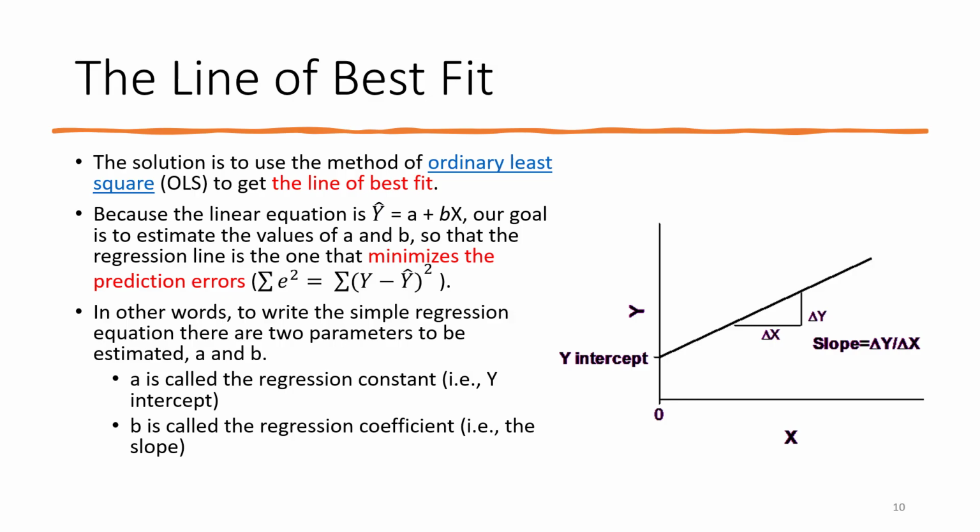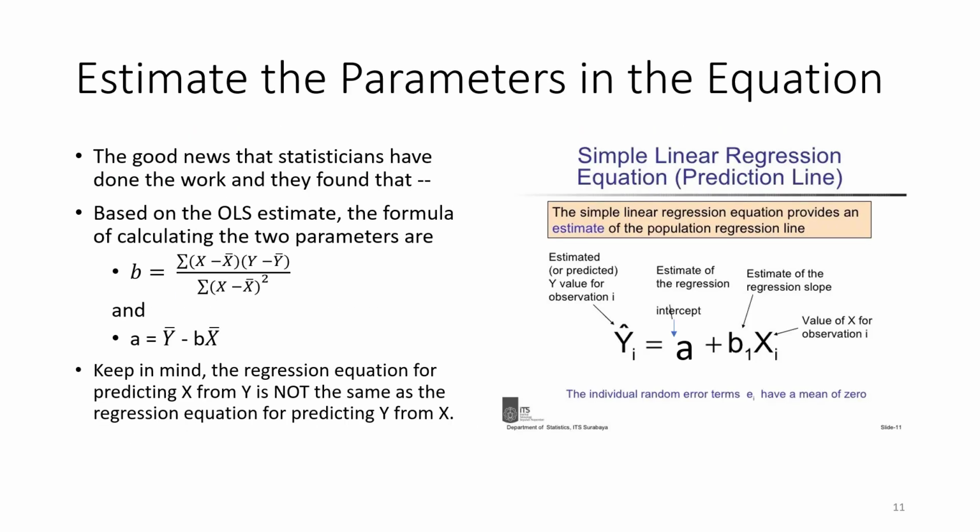In other words, to write the simple regression equation, there are two parameters to be estimated, a and b. a is called the regression constant, which you may know previously as the y-intercept, and b is called the regression coefficient, which you first encountered as the slope in linear algebra.